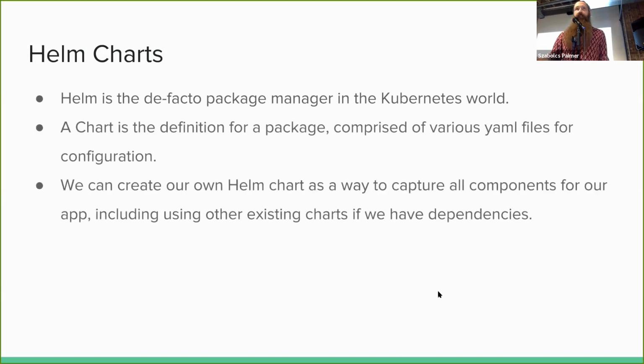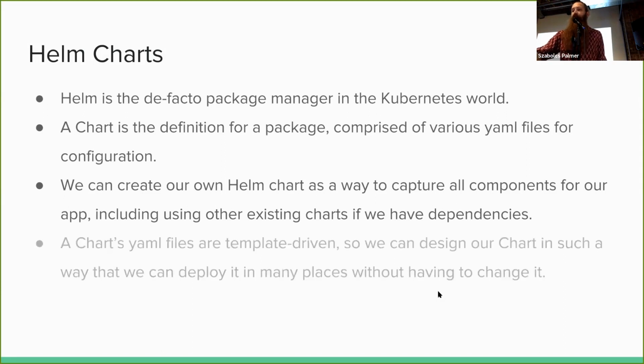We can create our own and add in each of the components that we're after, and we then make a set of values that simplify using that chart. So we can set up our particular environment. If we want to deploy for a staging or a production, then we only need to change a few of these variables. We don't have to rebuild the chart every time.